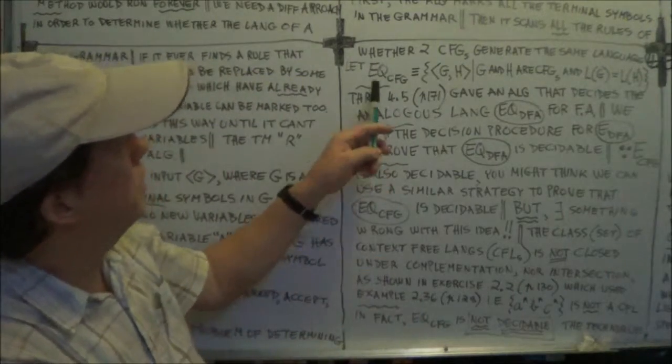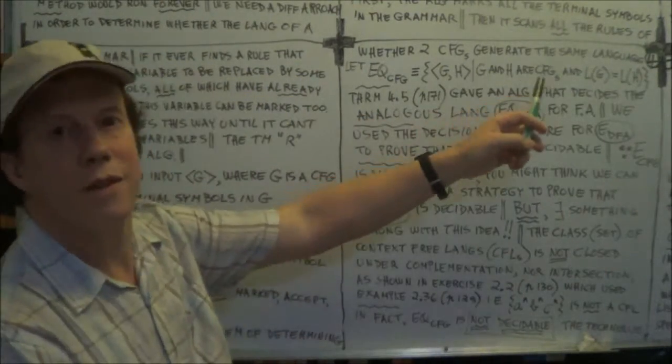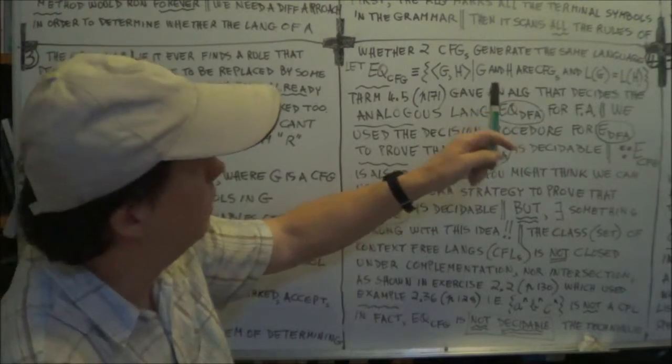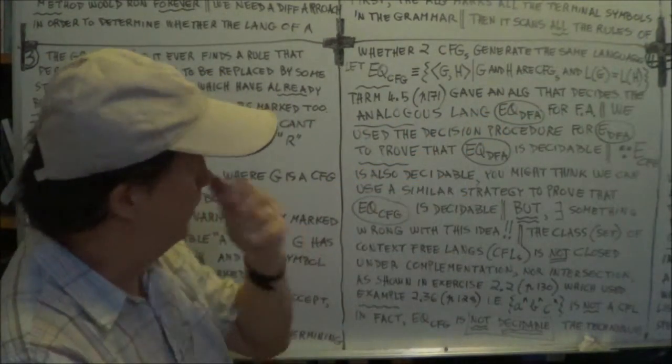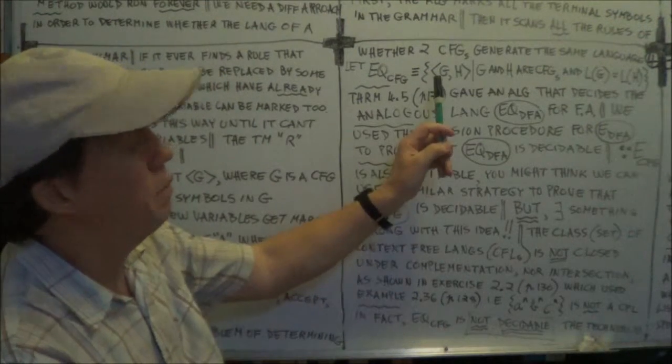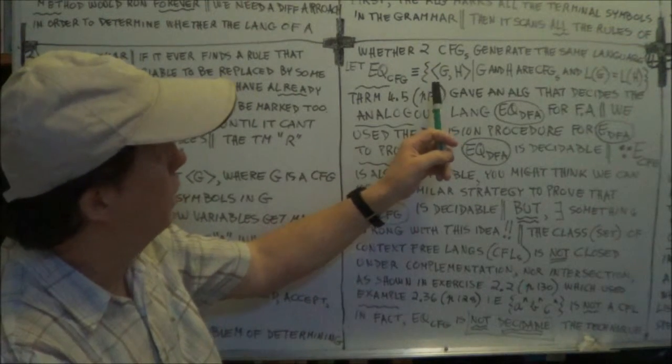So let's create the language. It's a similar trick to what we've been doing consistently: we reformulate the problem in the form of a language, and membership or non-membership of that language.